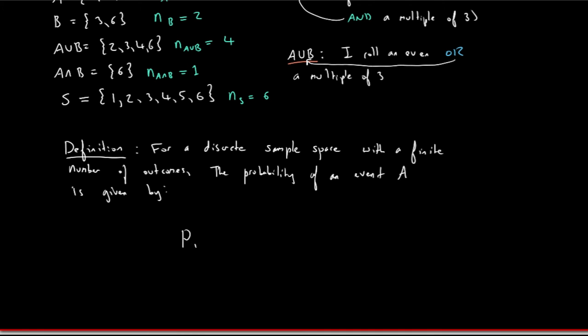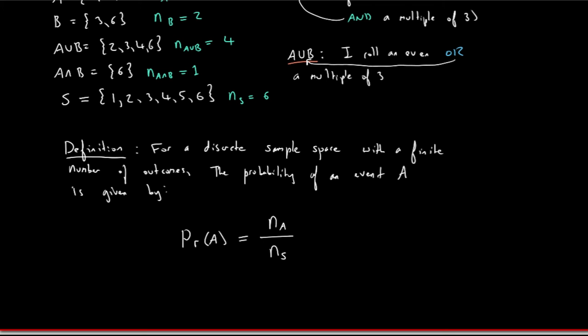We write Pr of the event A, and we say that is equal to the number of elements in the event A divided by the number of events in the sample space.